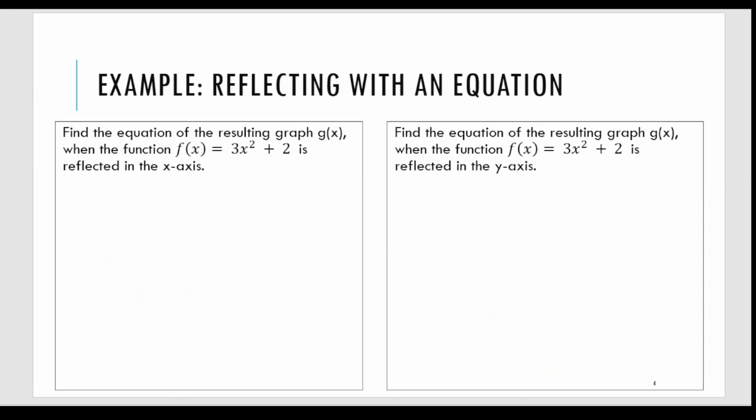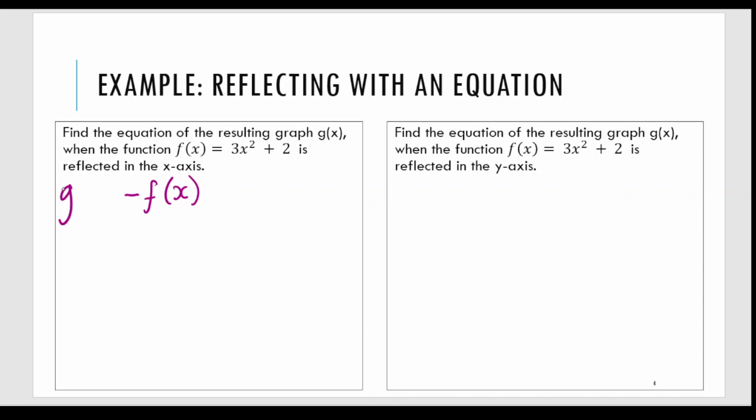Finally, we're going to look at reflecting the equation. So when we look at reflecting, let's see our first graph, which is f of x equals 3x squared plus 2, and we want to reflect it in the x-axis. So when we reflect it in the x-axis, we take negative f of x.